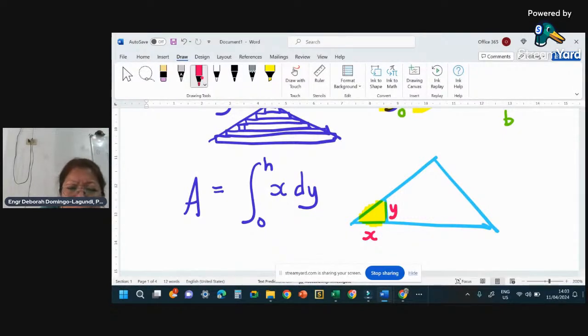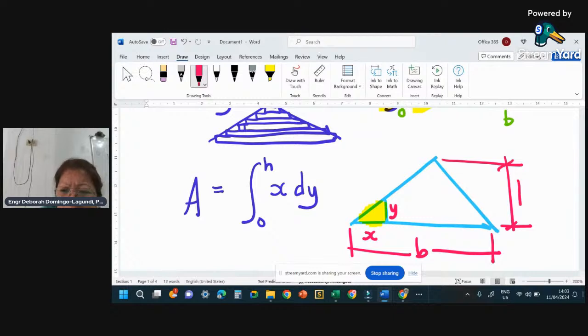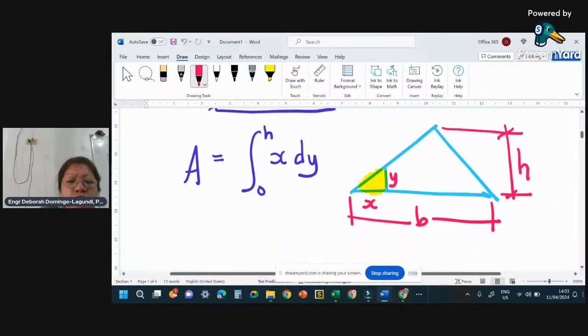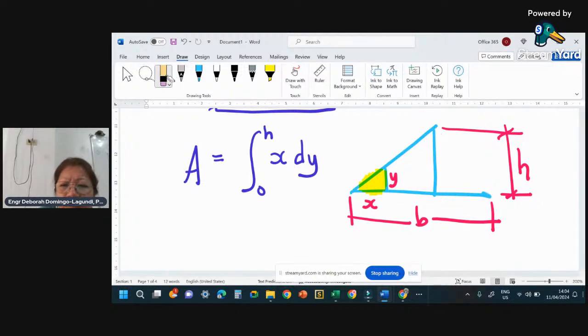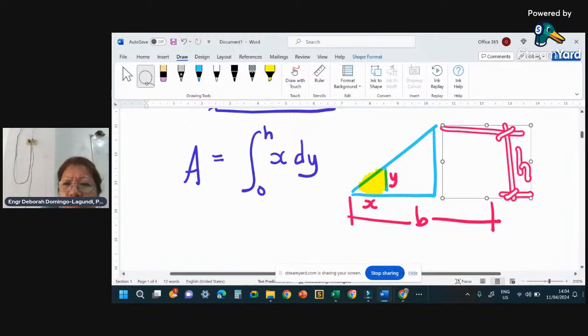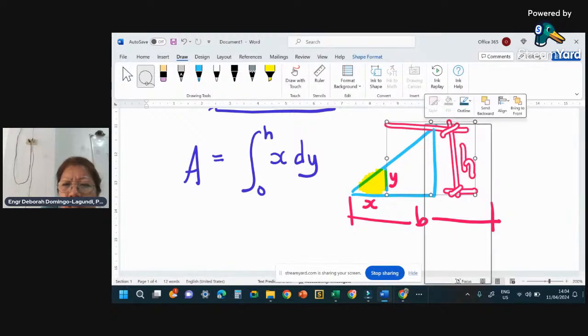The big triangle will have the base b and its height h. We can use similar triangles. Actually, we can cut this here, we can cut it like this, and we will only be using this triangle.